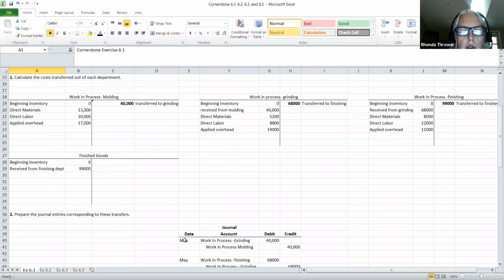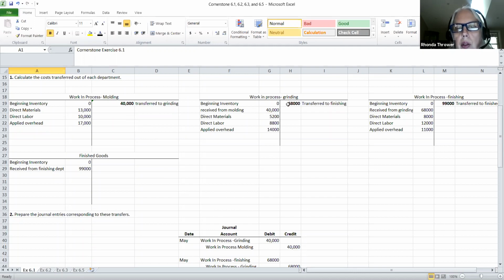So in May, I wasn't sure what date to put on there, but I did know it was for the month of May. In the month of May, we transferred out of the molding by crediting molding and debiting the grinding account for work in process. So work in process is debited by $40,000 for the grinding department, and my work in process is credited for the molding department at $40,000.